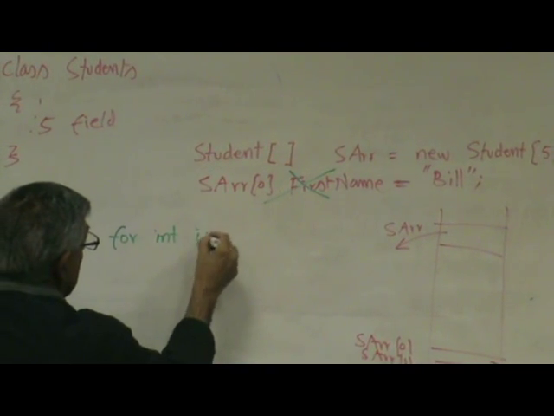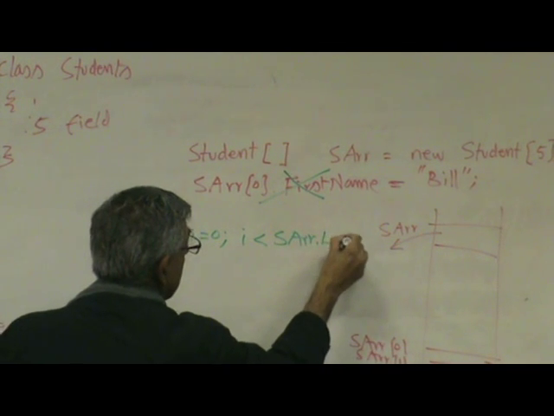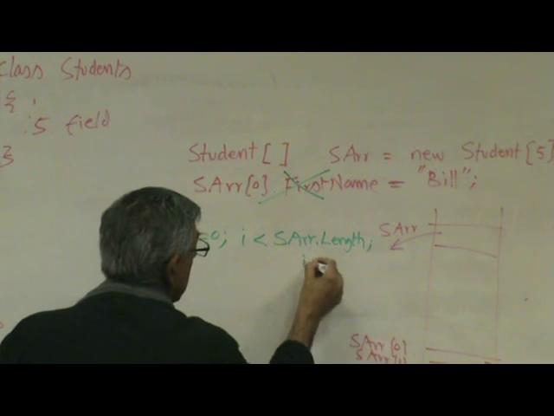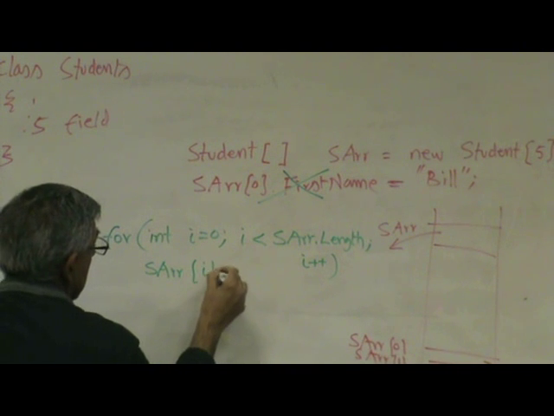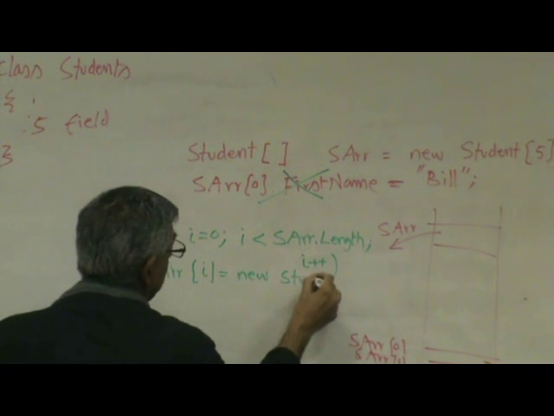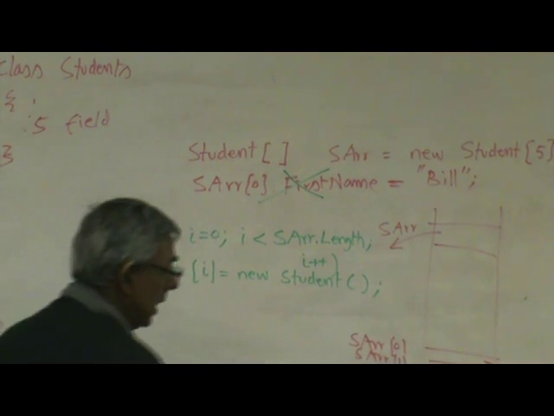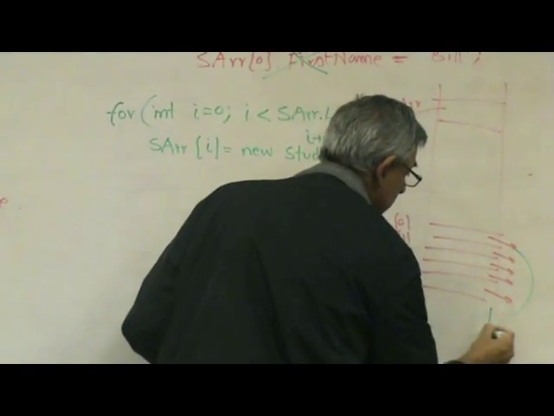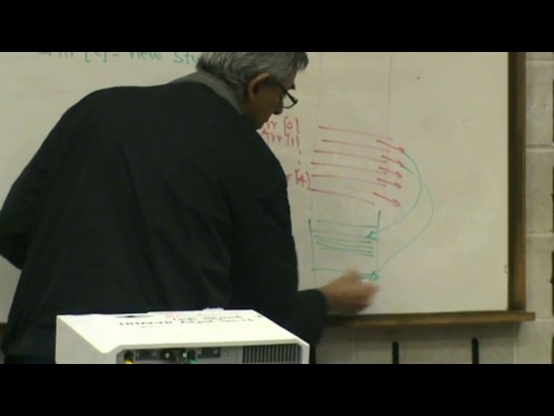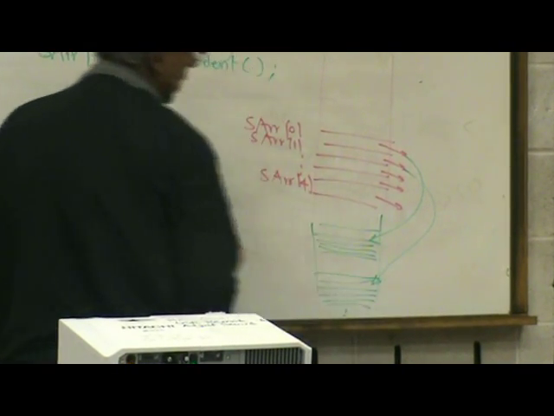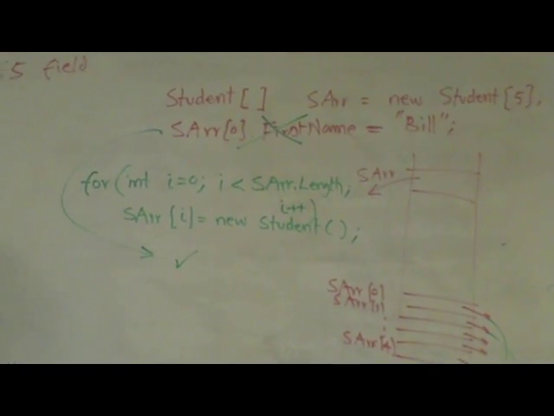For int I equal to 0, I less than S array dot length, I plus plus, and we will say S array of I equal to new student. Okay, so now in the heap area, one by one, this will get 5 fields. Then this will get its own 5 fields, and so on, right? So now if we try to write it over here, it will be perfectly okay.